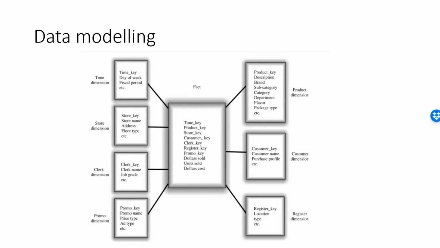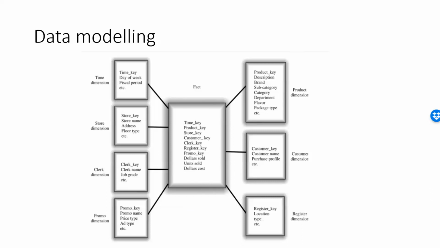So this is how the dimension works, and in the fact table it's the transaction-level things. Dollars sold, units sold, dollars cost, those kinds of things are changing per second. A particular transaction is occurring at any moment.